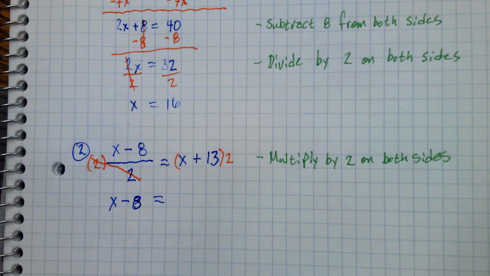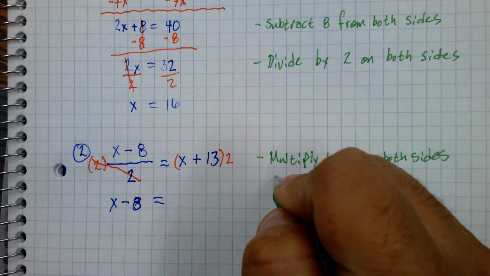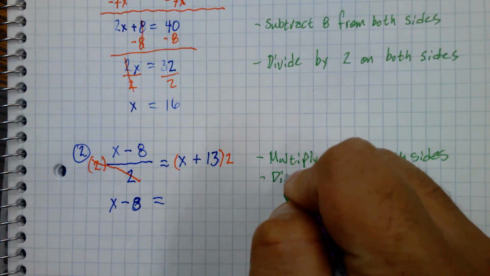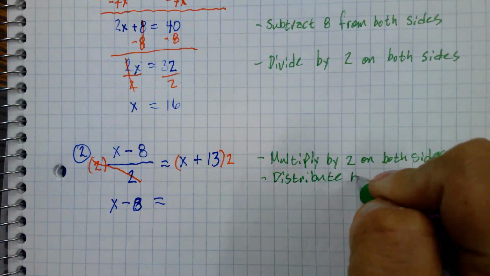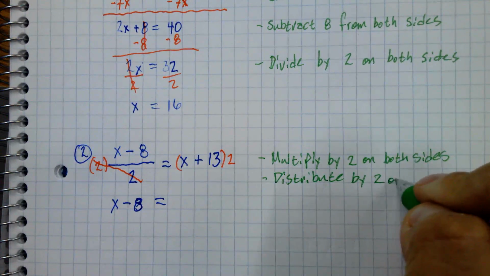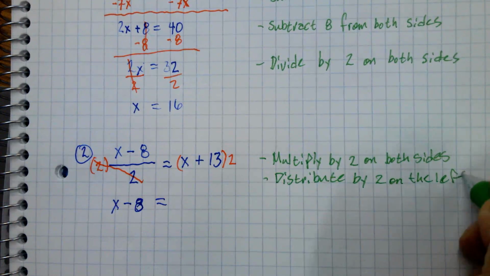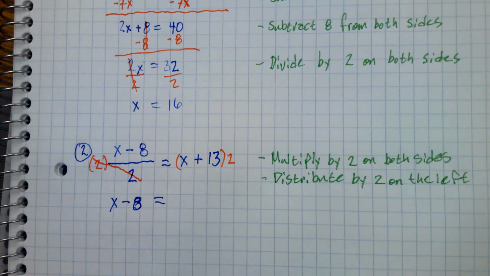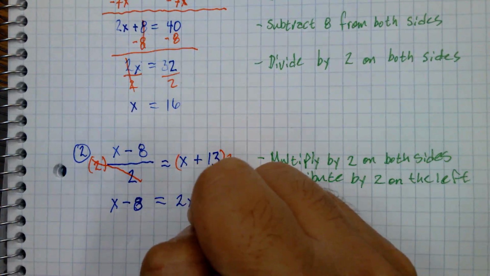What do we get on the other side? 2x plus 26? Yeah. So we should also say that we distribute it on the left, right? Distribute by 2 on the left. Okay, so that's going to give us 2x plus 26.